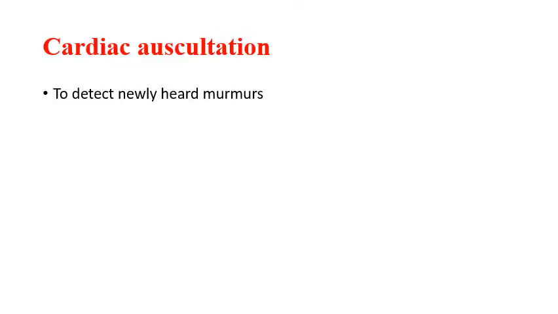But if you closed the AV fistula and you find that the murmur disappeared or you can't hear this murmur anymore, this means that it was just a transmitted sound from the AV fistula and it was not from the heart.